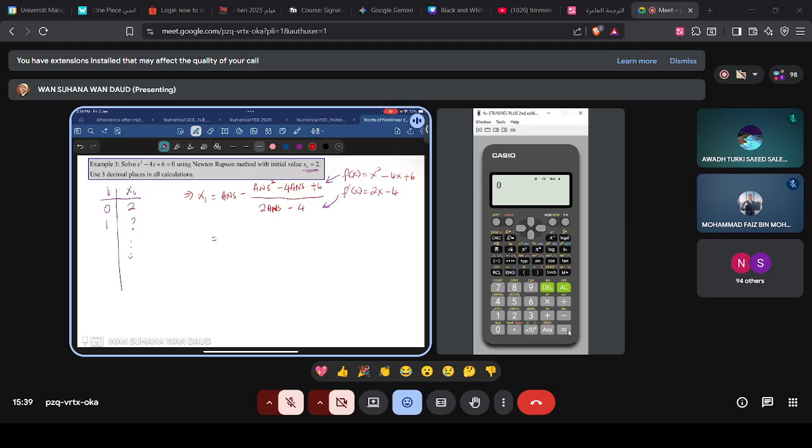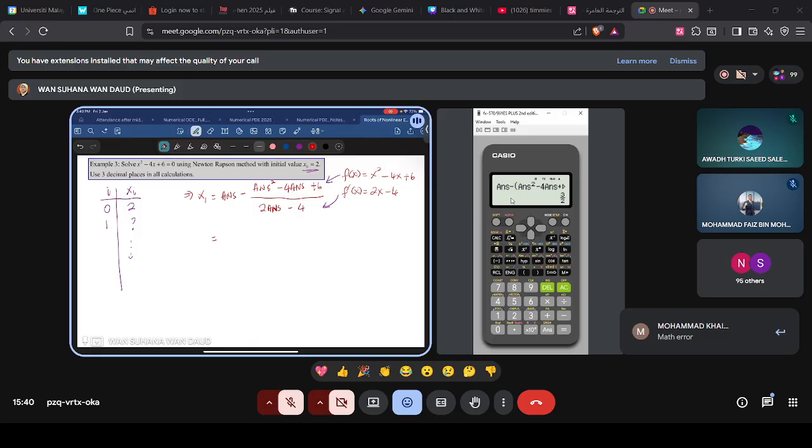Okay, we put x0 equal, ans minus the ans power of 2 minus 4 ans plus 6 divided by 2 ans minus 4, and then equal.